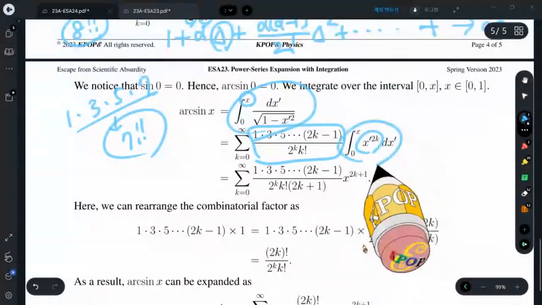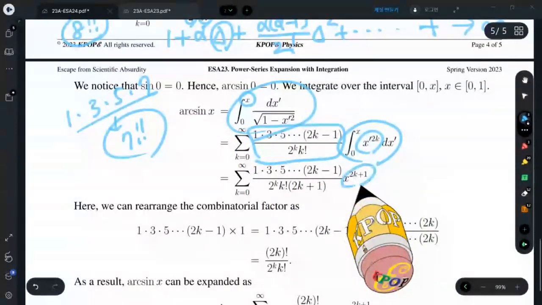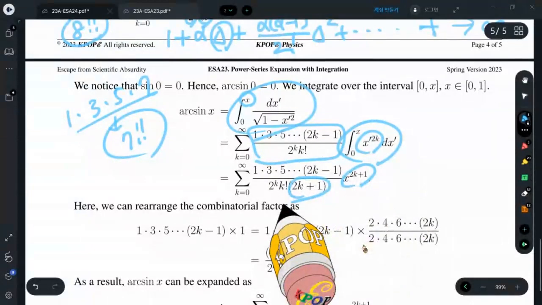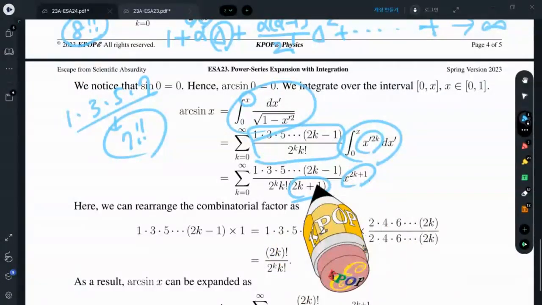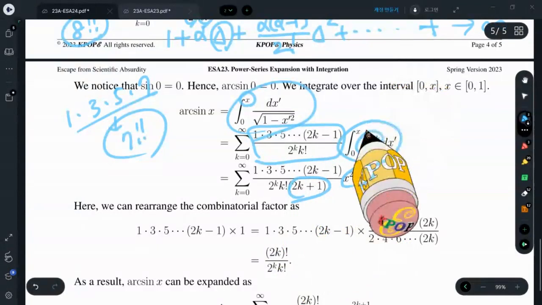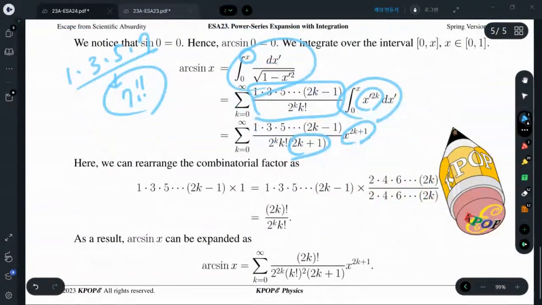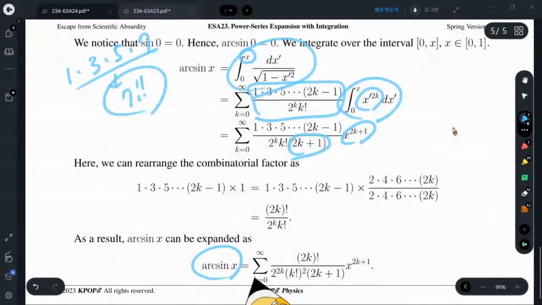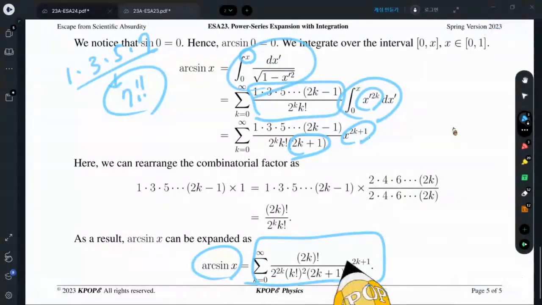You know this trivial integral, that is this with this power in the denominator. As a result, arcsine of x can be expanded as a power series of x in such a manner. Although it converges very slowly, it absolutely converges.